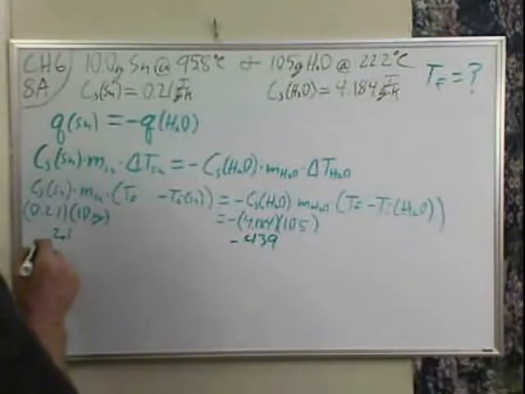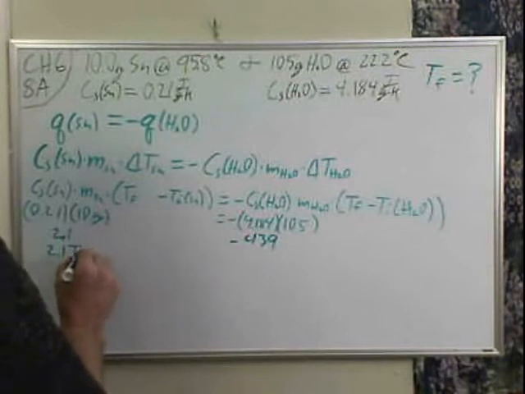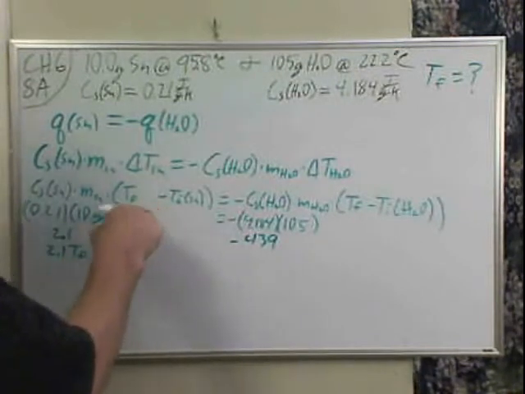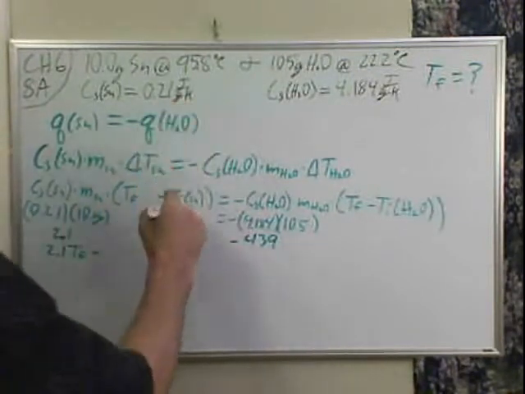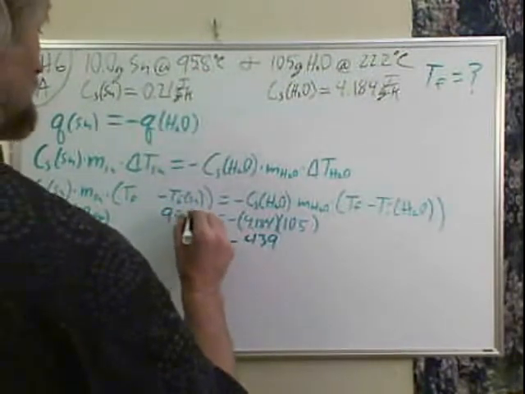We can multiply through with the initial numbers. So we've got 2.1 times TF minus 2.1 times the initial 95.8.